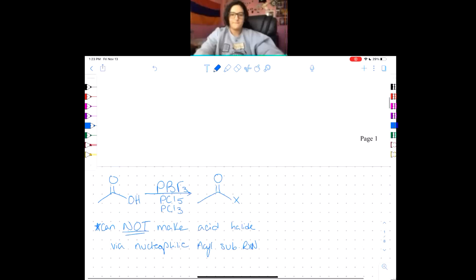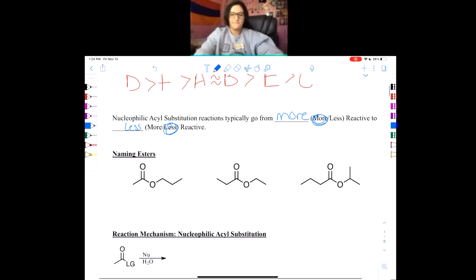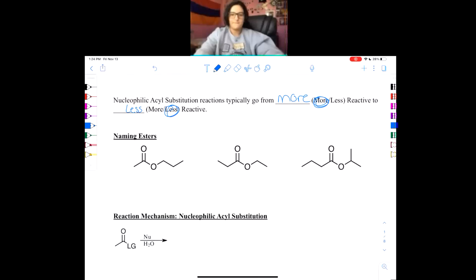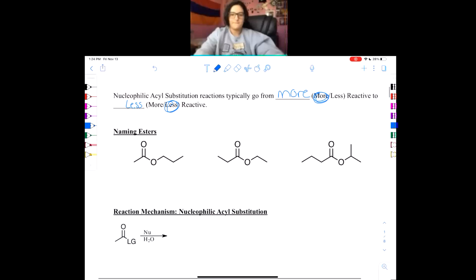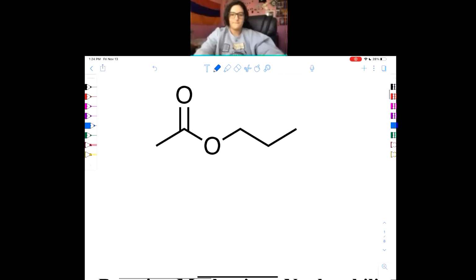So, going back up here, we have to do one more thing before we actually go into our reaction mechanism. We are learning how to name esters, and this is something we may have very briefly touched on at some point, but for the most part, you guys haven't had much experience with this, correct? Okay, so I'm going to zoom in real close.